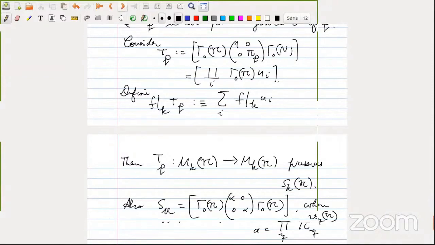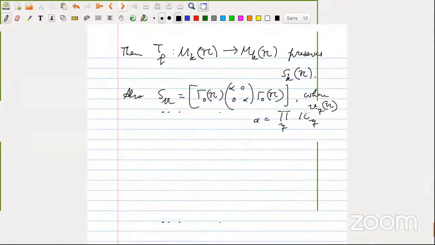And in the definition of the Hecke operator, the way we have chosen the coset decomposition depends upon the choice of u_i, but after we define the sum, it is independent. So these definitions are independent of the choice of the u_i and the uniformizers.